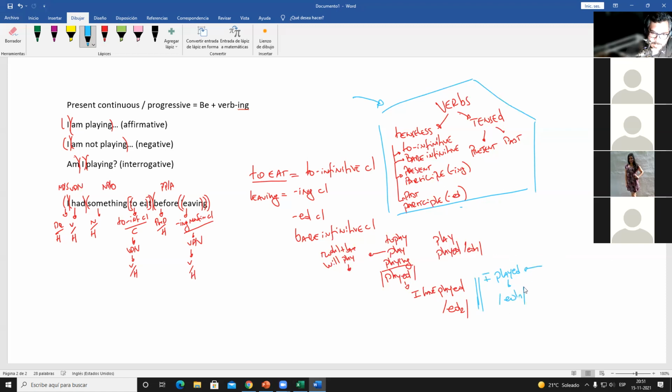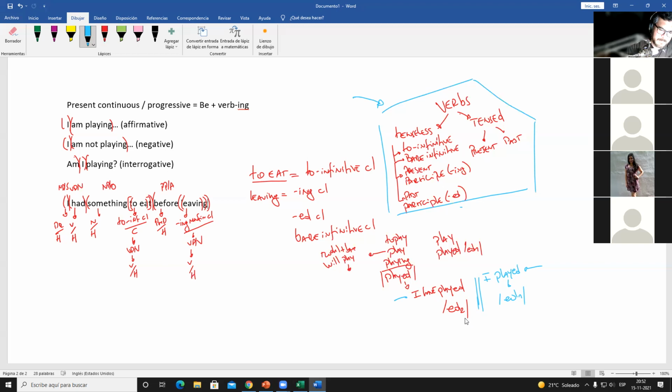Porque esto es pasado simple, ¿cierto? I played, pasado simple. I have played no es pasado simple. ¿Cuál es? Es presente perfecto. Se escriben igual, played, played, pero en perfecto es un ed2.